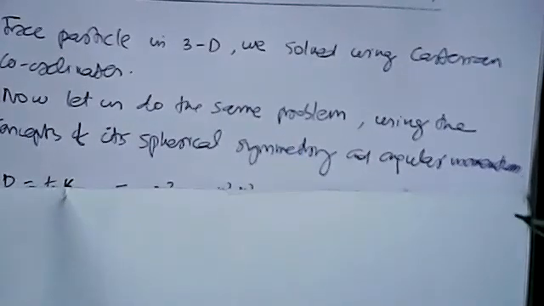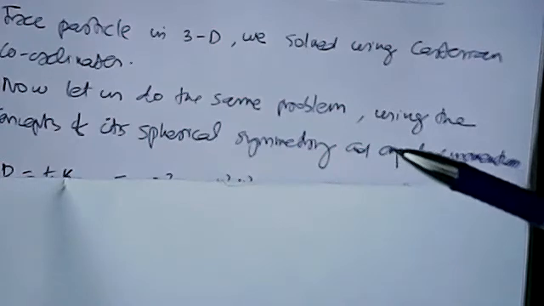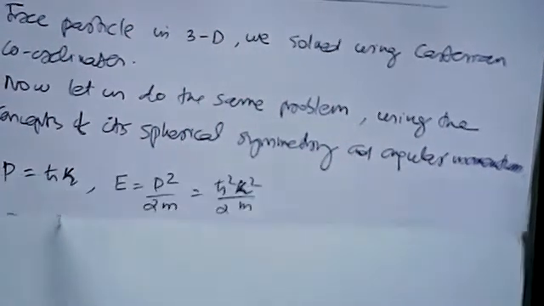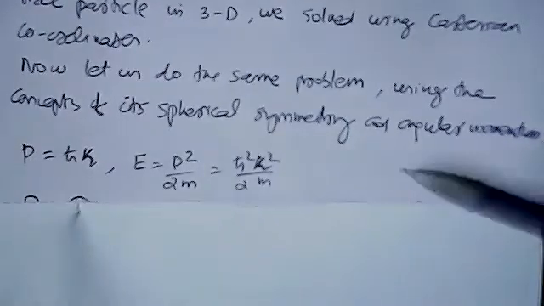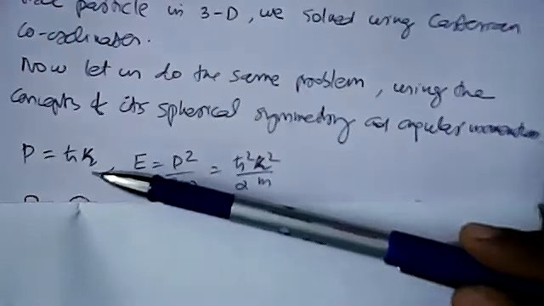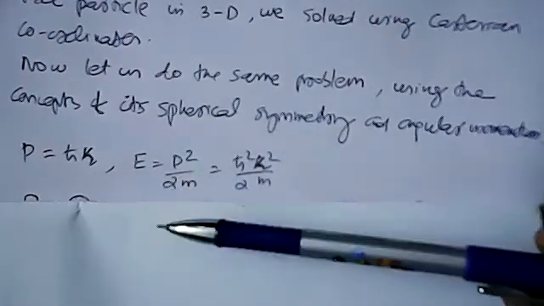So the particle is a free particle, so the potential is infinite at the walls. Inside the wall the potential is 0. So for a free particle, you can take momentum equal to h cross k, and only kinetic energy is there.